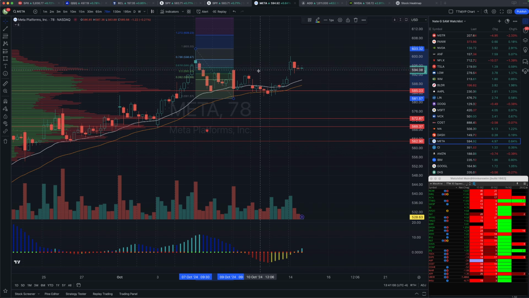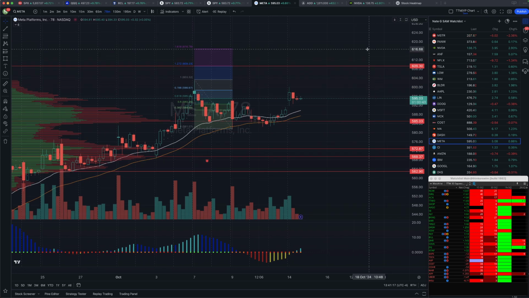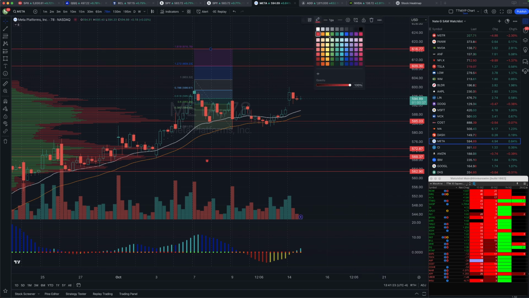We have a 50% mark in here, a 38, these are all fib numbers, 618. But what we're looking at is the extension to the 1272, right? So we would mark the 1272. And in really trending markets, we can even mark the 1618, right? And I'm going to make both of those green just so we can see what I'm talking about.